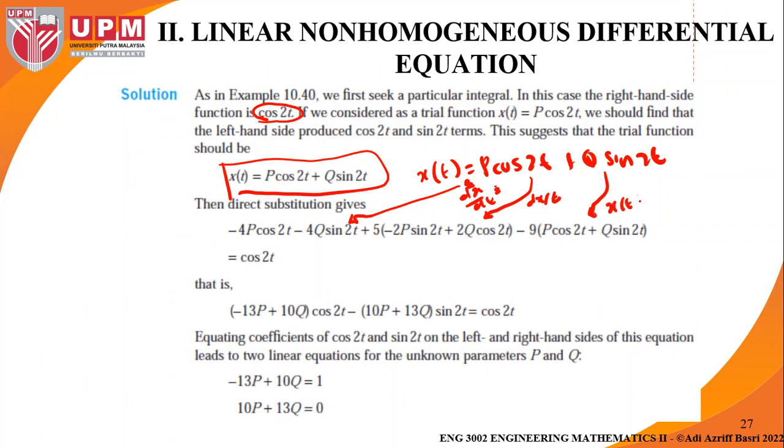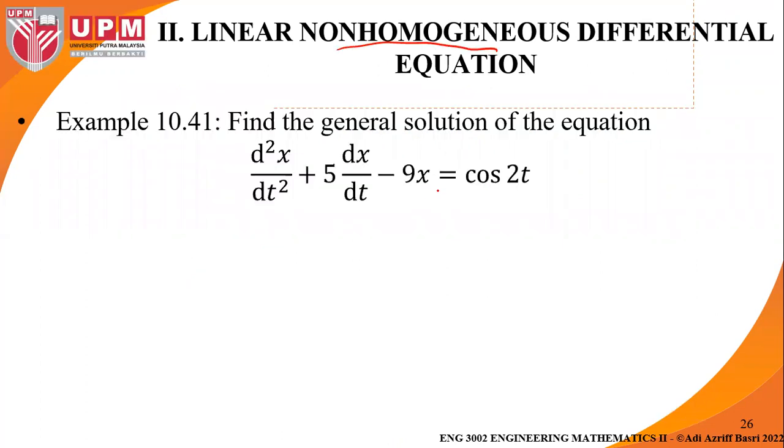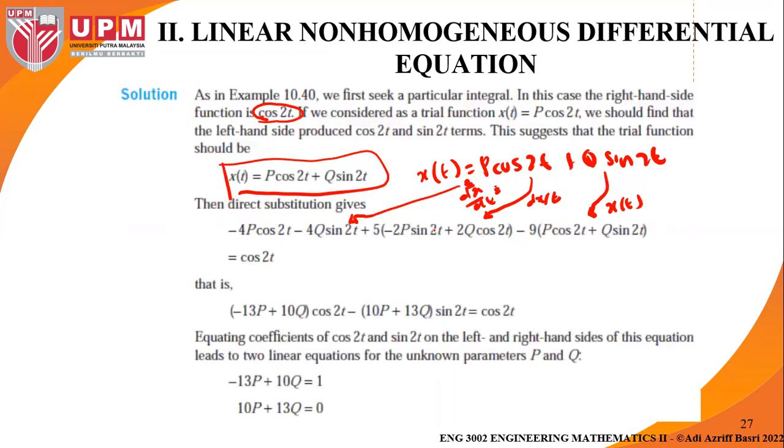So you put the constants here, which are 1, 5 and 9. This is the second derivative times 1, plus 5 times the first derivative, minus 9 times x(t), equal to cos 2t.